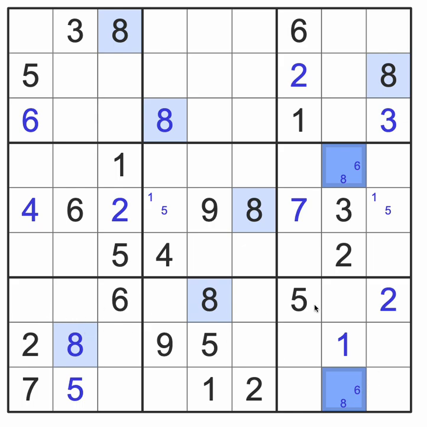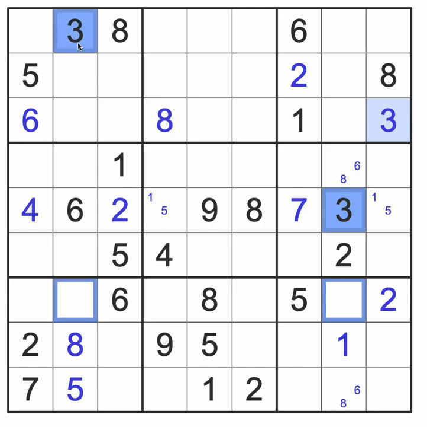Also, now looking at row 7, this 3 blocks here, and this 3 blocks here, and this 3 also blocks these of box 4. So 3 in box 4 will be here or here, which means this cannot be 3.